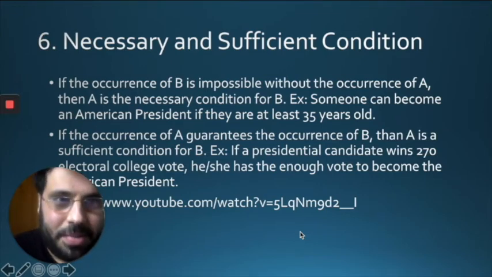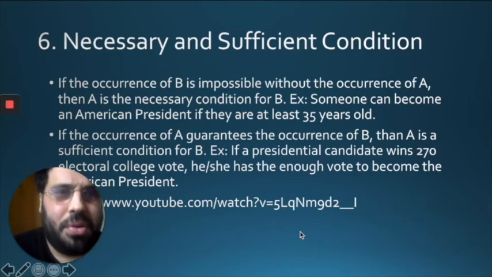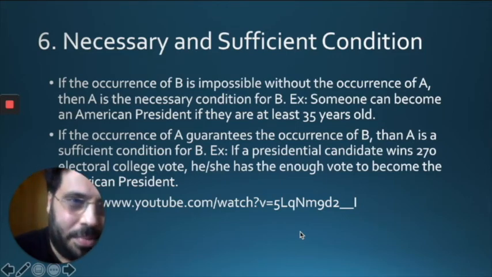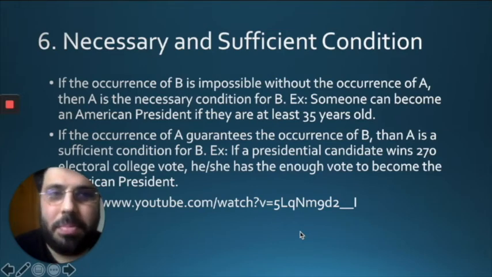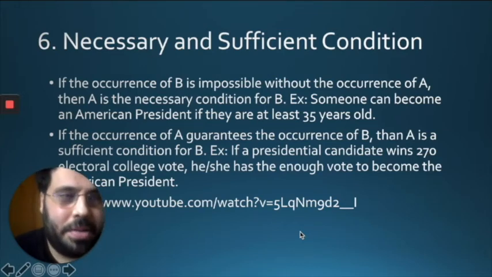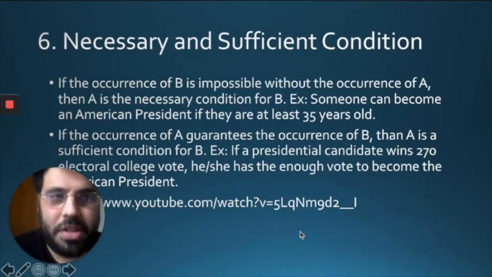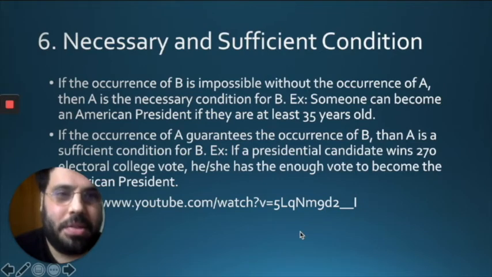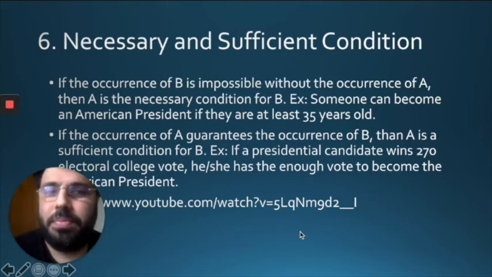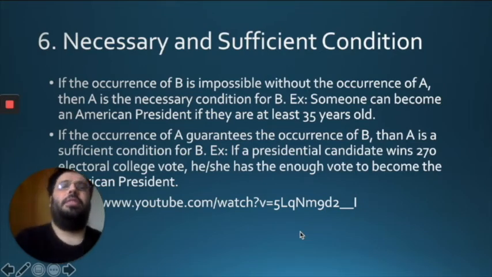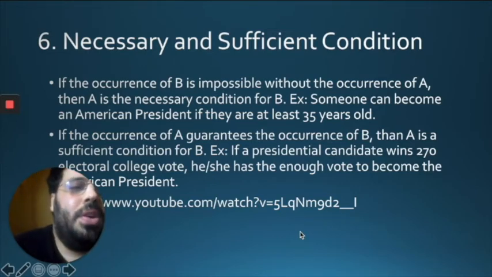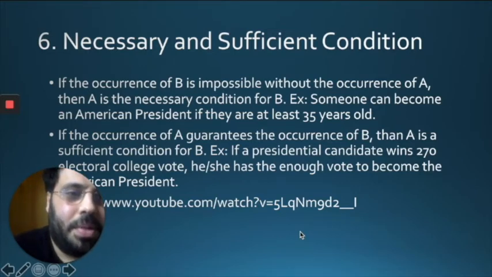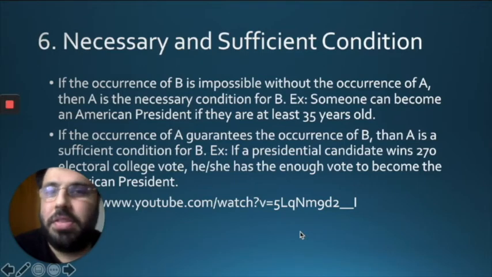Actually, it is not. We know, for example, that Lyndon B. Johnson became the American president after the assassination of Kennedy, or Gerald Ford became the president after the resignation of Richard Nixon, or Harry Truman became the president after the death of FDR, Roosevelt, or Andrew Johnson became the president after the assassination of Abraham Lincoln.